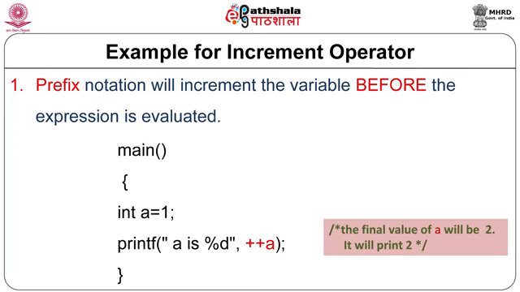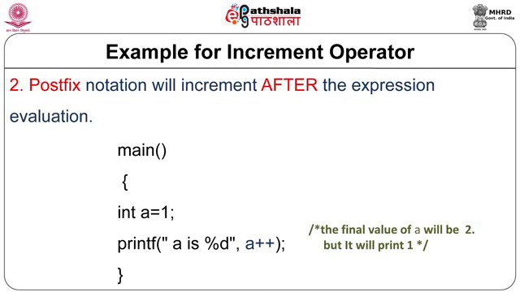The final value of a will be 2, it will print 2, because your value of a is 1 and that value of variable a is already incremented before execution of that printf statement.